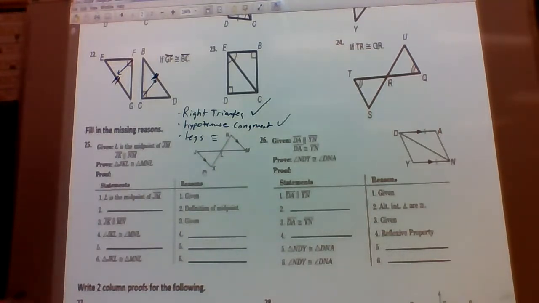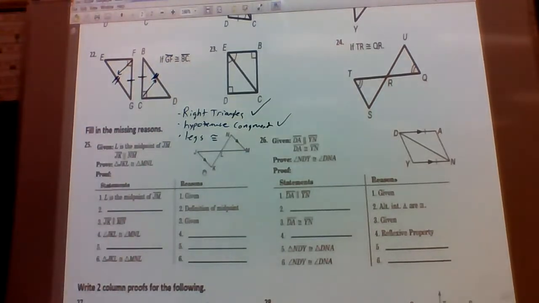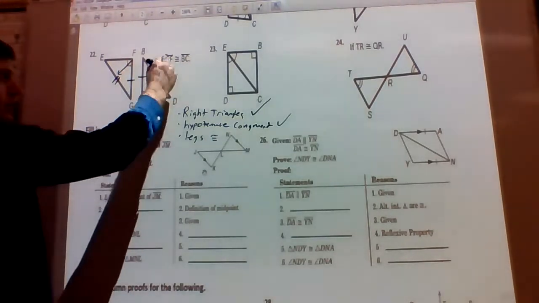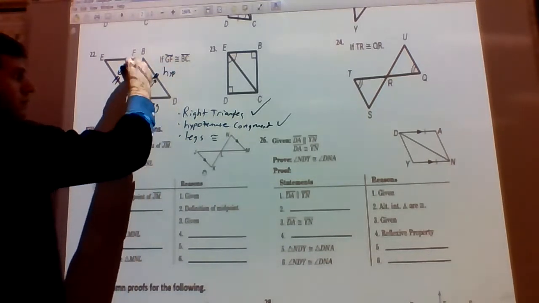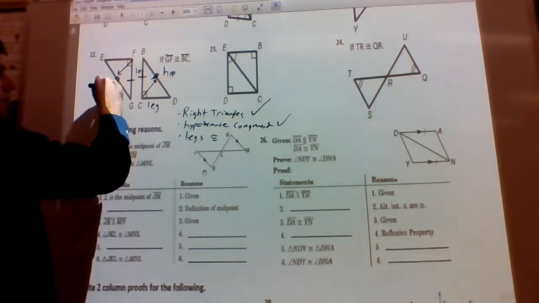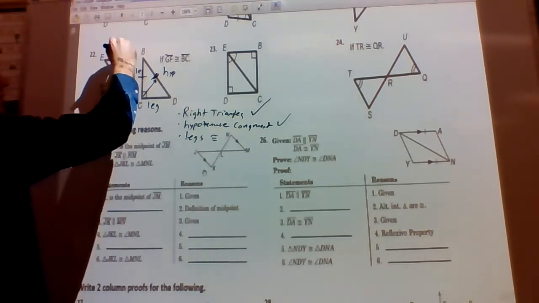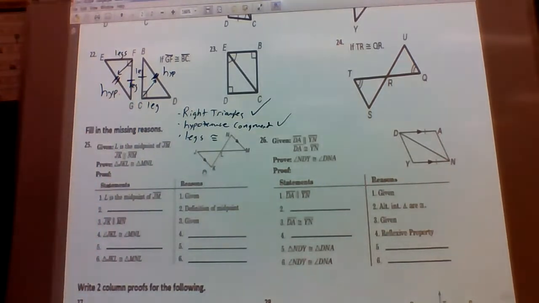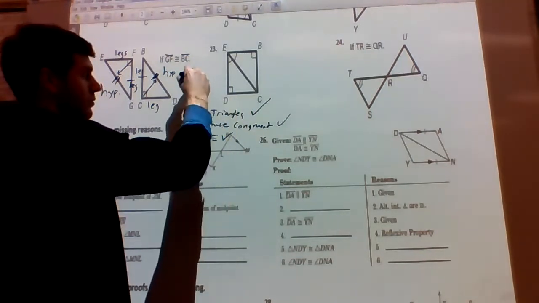Well, they're telling us GF is congruent to BC. So yes, we do. A right triangle has a hypotenuse and 2 legs. We only need 1 pair of legs to be congruent, which we have. Therefore, we can use hypotenuse leg.